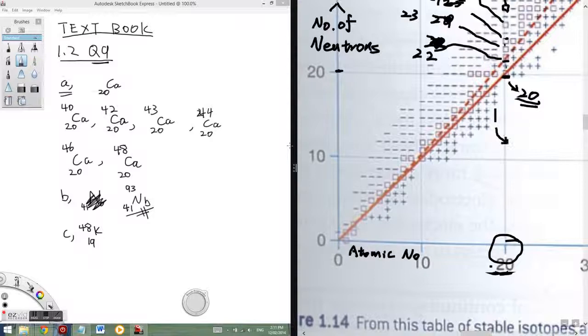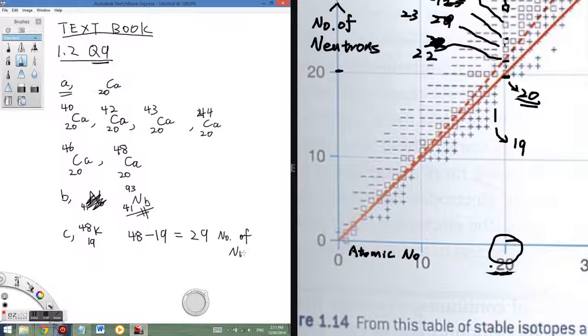This should be the line. That's 20 here, so this should be the line of atomic number 19. The mass number is 48. Take away the atomic number, so it's 29. This is the number of neutrons.